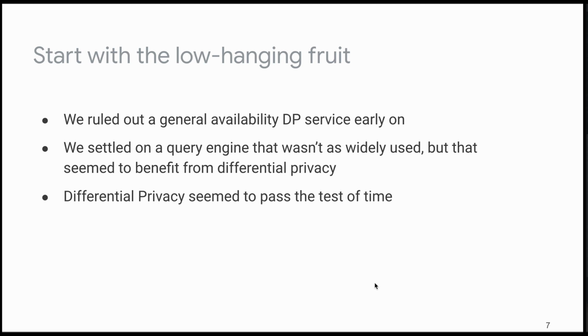To tackle this uncertainty, we piloted a version of differential privacy for a SQL engine that back then wasn't as widely used at Google. You might think that this was a small task, but it wasn't. A lot of our first users were processing terabytes of data and using those streams of data to produce differentially private results.